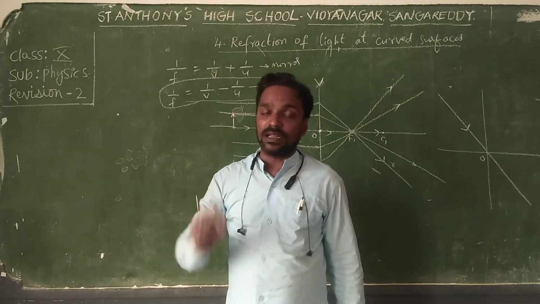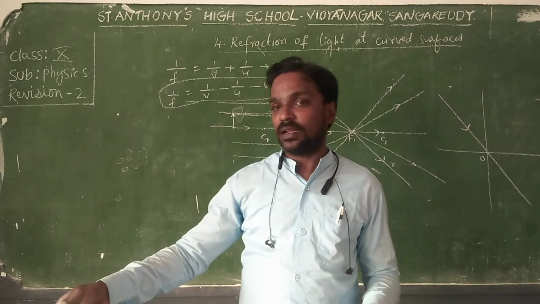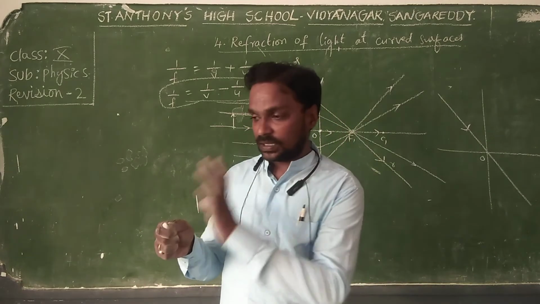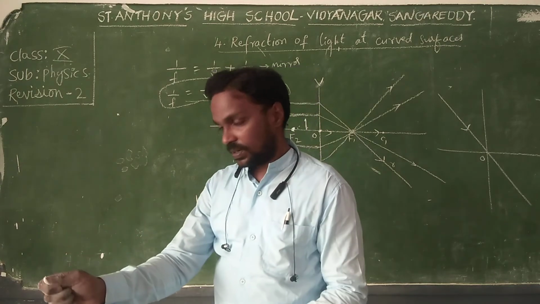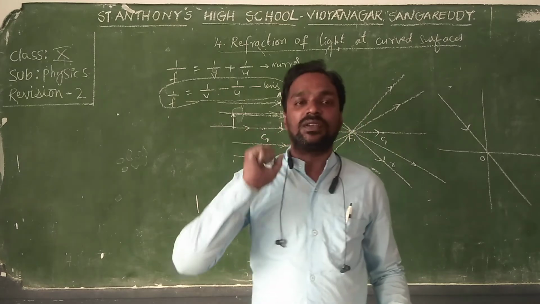The activity says like this: when you take a lens and see an object through the air, that gives you one type of image.